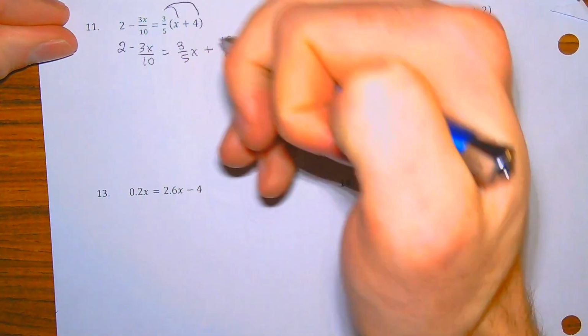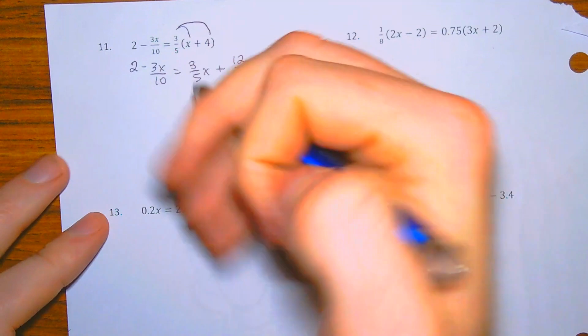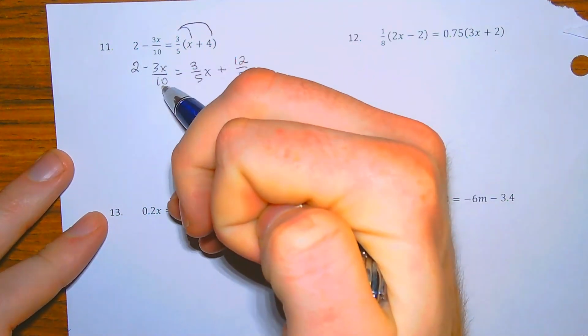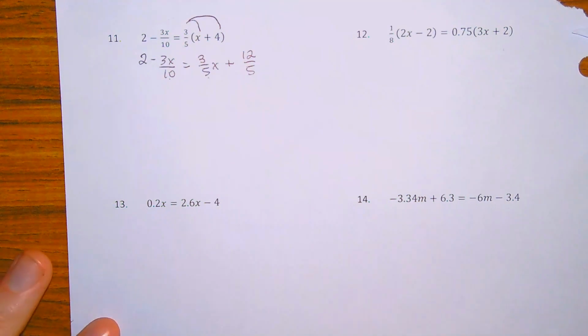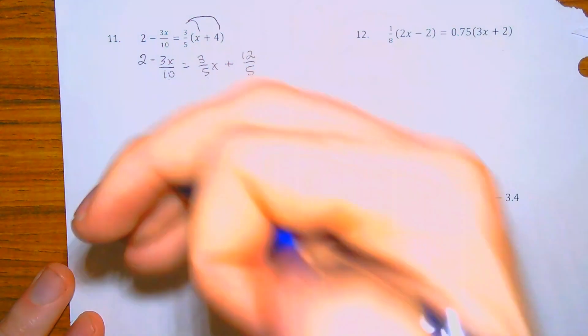From there, what we want to do is surround our equation, and we want to get rid of these denominators. Now the easiest way to do this, remember, look at 10, look at 5, look at 5. Denominators are what makes fractions fractions. To get rid of them, we need to multiply by something that both 5 and 10 can go into. Well, 10 can go into 10, and 5 can go into 10. So that's the smallest number that we want.